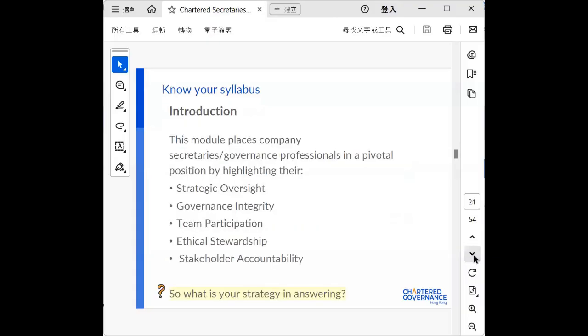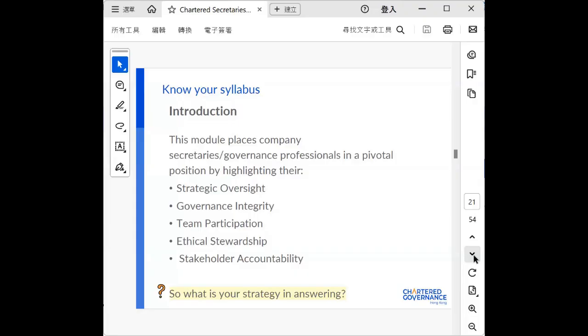Now it says in here that the module places the company secretary in very important positions. From the governance, from the strategic oversight, to the governance integrity, to the team participation, to the ethical stewardship and stakeholder accountability.